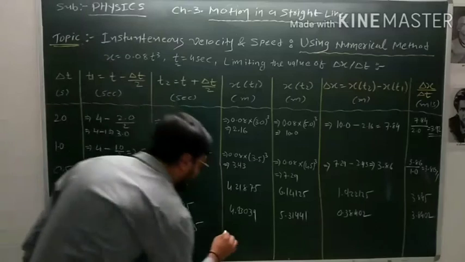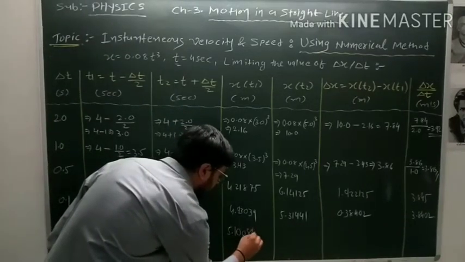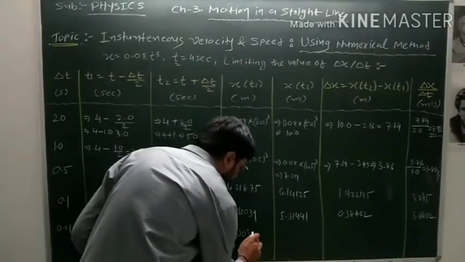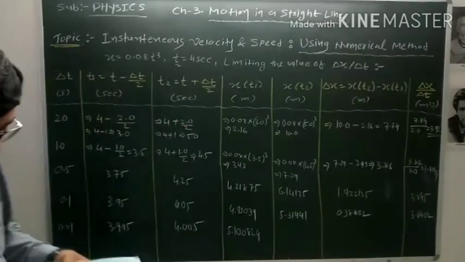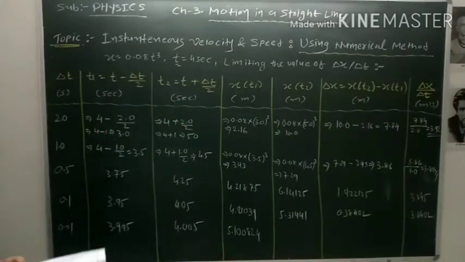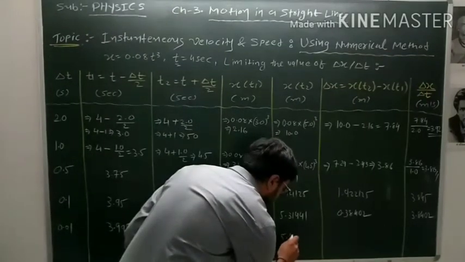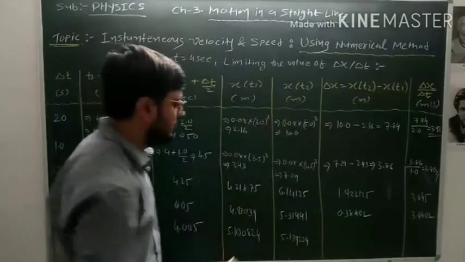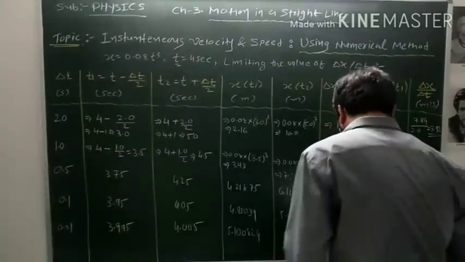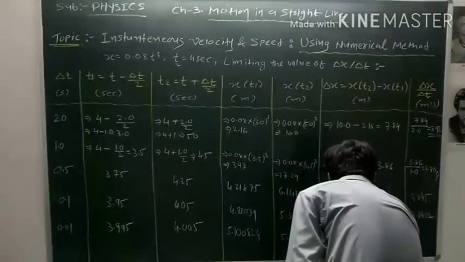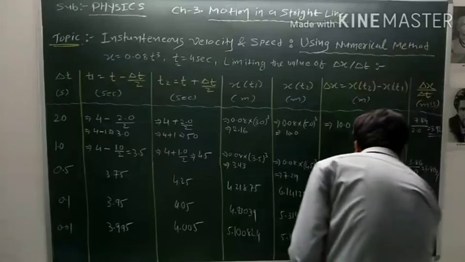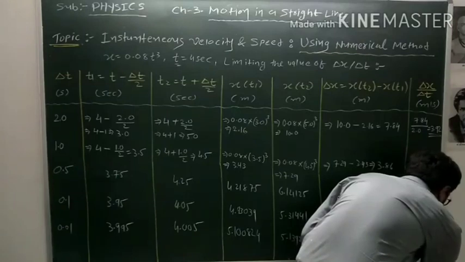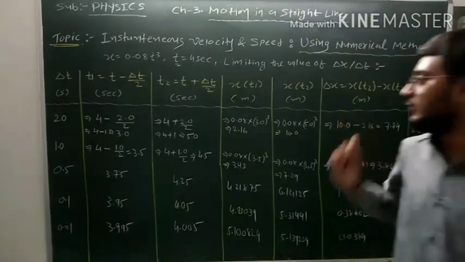Then 5.10084, then 5.139224 for x at t2. Now we find the displacement, 0.0384. Then finally we get 3.844, the exact value of the instantaneous velocity at t equals 4 seconds. See how precisely we can get the value at t equals 4 seconds.